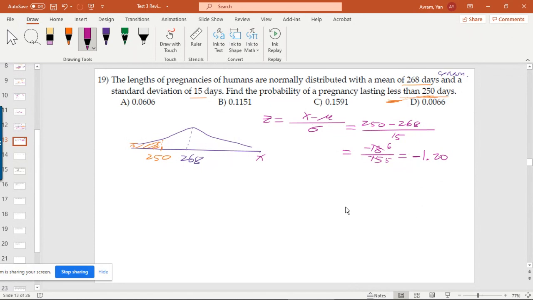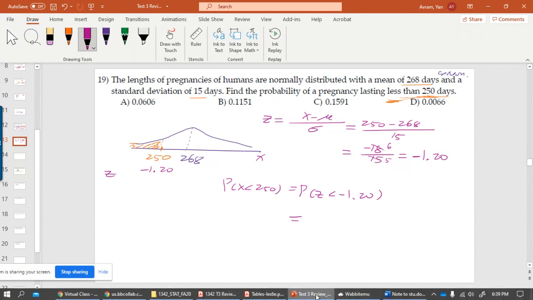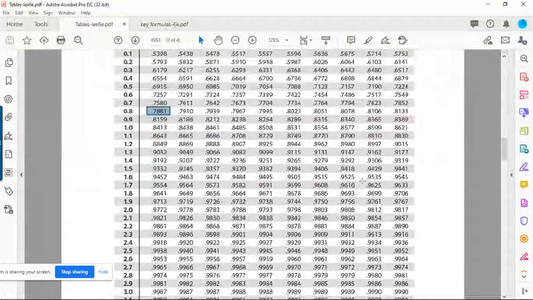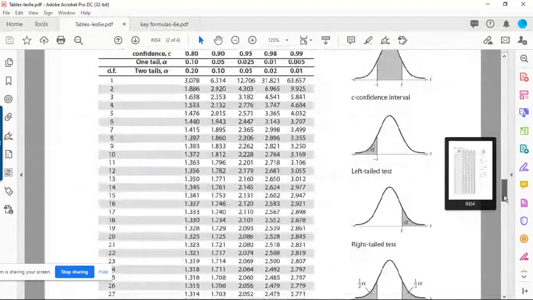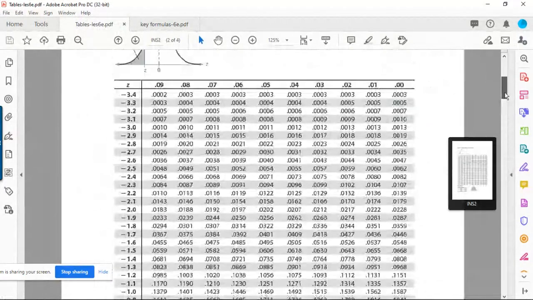So the z-score here is negative 1.20. The probability of X less than 250 is the same thing as z-score less than negative 1.20. Since this is the area to the left, we only need to read the table, and that will be the answer.